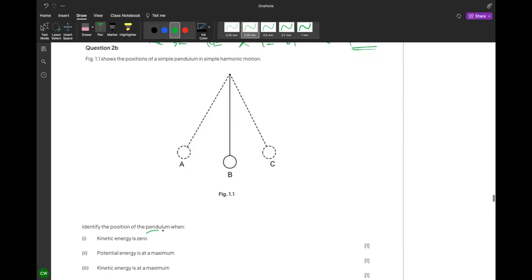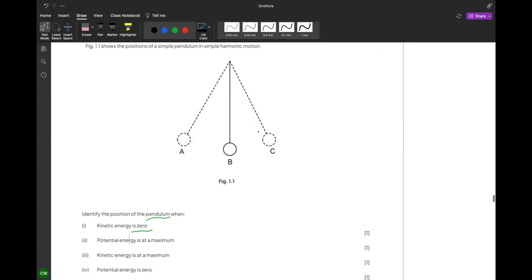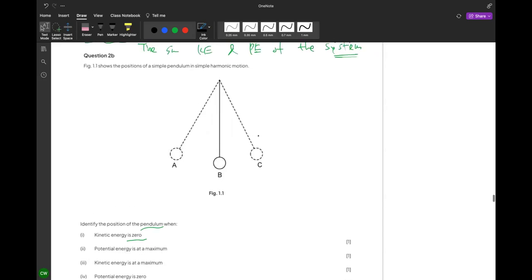Identify the position of the pendulum when the kinetic energy is 0. So at which position is kinetic 0? Write out your answer. A and C, correct.